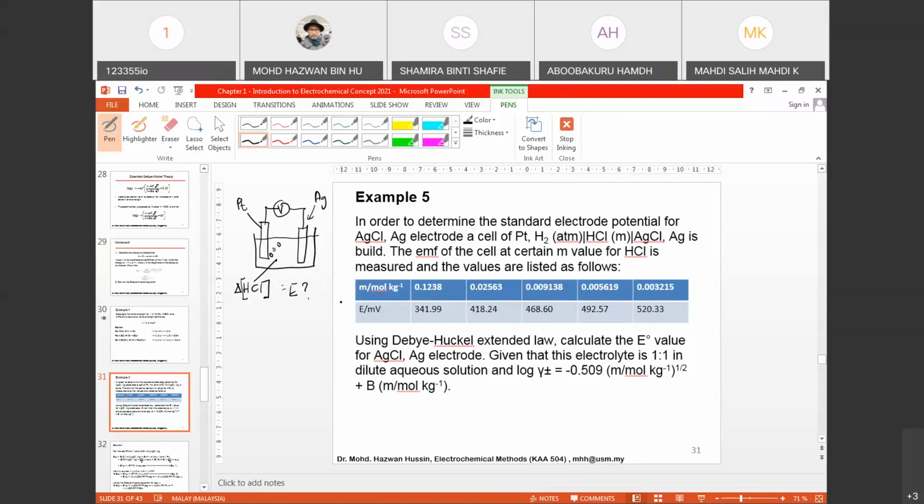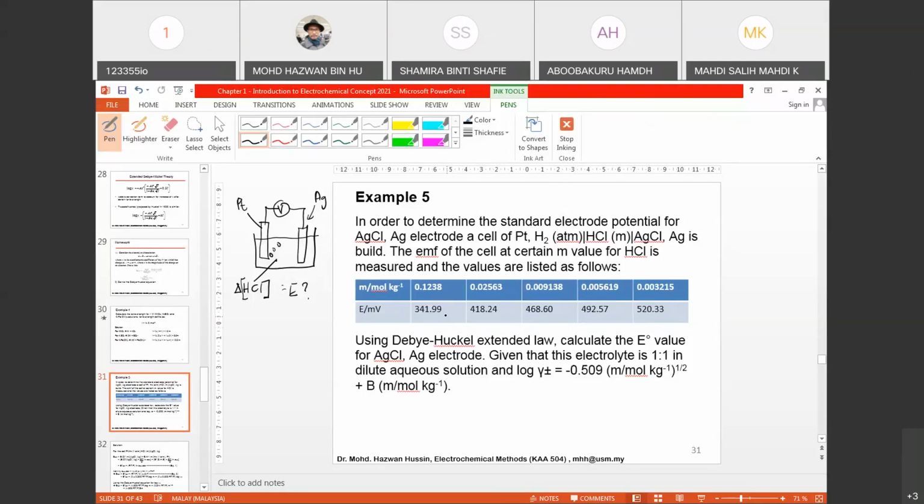If you remember what I told you, concentration plays an important role in the potential value, because it all depends on the activity. If you have a high concentration of acid, it means you have more H plus, isn't it? When you have more H plus, you have more activity, which will increase the values.